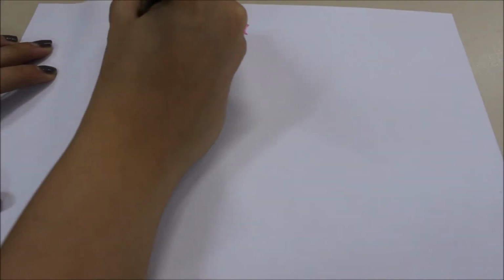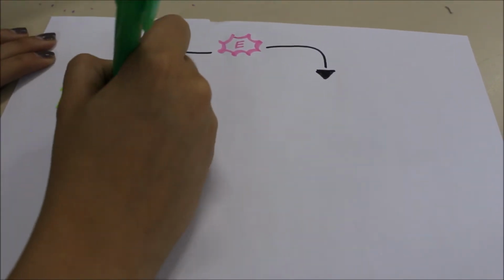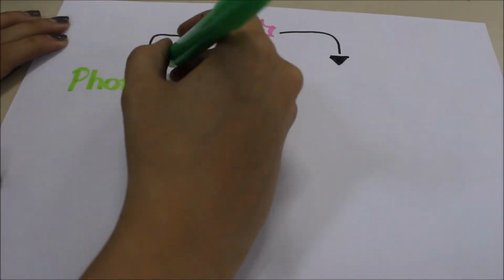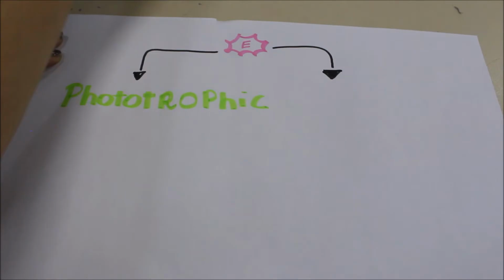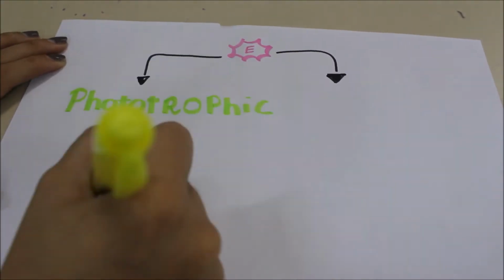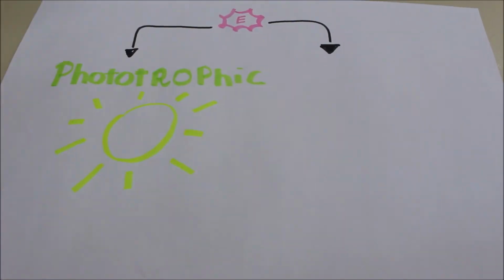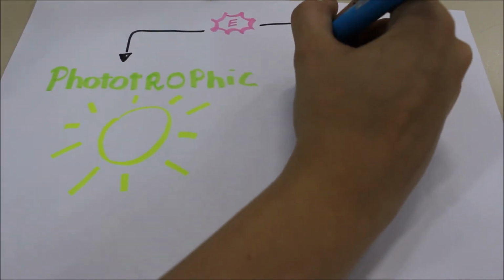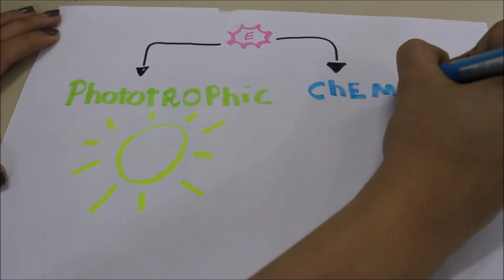The energy production source can also be phototrophic, when the bacterium uses the sunlight to turn into energy for itself, or chemotrophic, if it uses inorganic molecules for that same purpose.